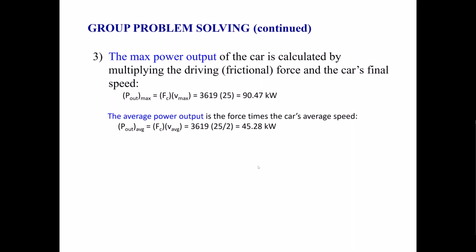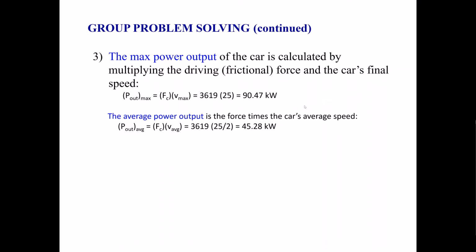Okay, so the maximum power. The maximum power, of course, in this case is going to occur when we have the maximum velocity. So it's that force times the maximum velocity, which was 25 meters per second at the end, after 30 seconds.